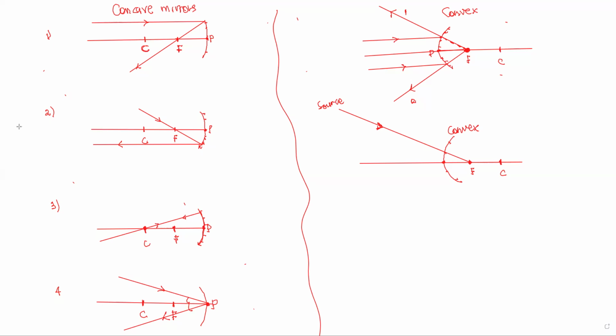The first rule: we have a parallel ray which, after hitting the mirror, is diverted and appears to be diverted from F. Then we have the ray which is already diverted, appearing to be passing through F. And so after reflection, the reflected ray must this time be parallel to the principal axis.